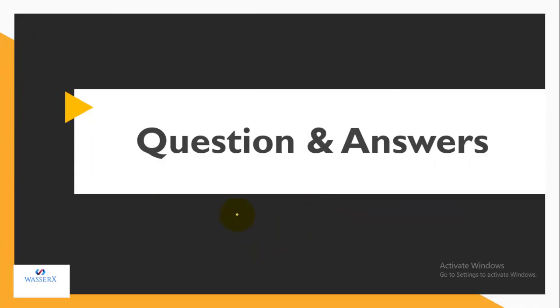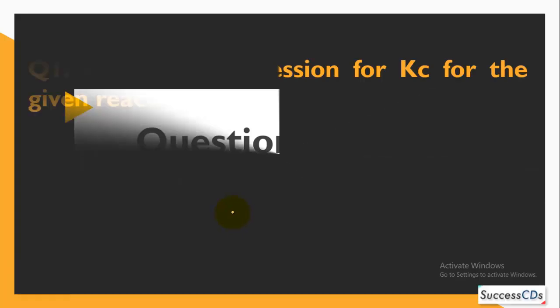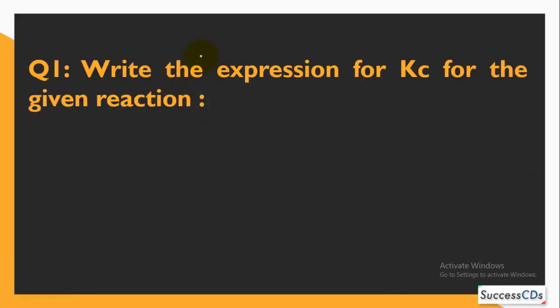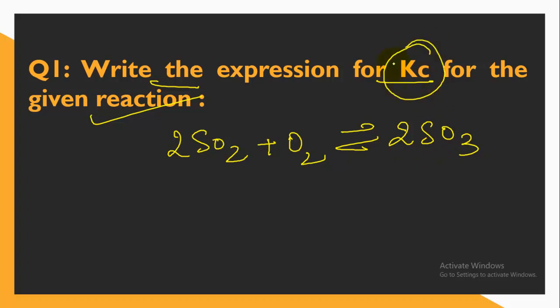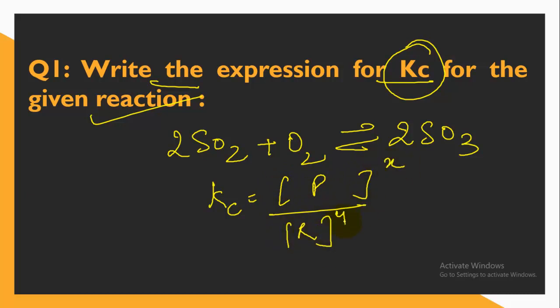Now let's do question and answers. First question is that we need to write the expression for Kc for the given reaction. Let's say we have a reaction 2SO2 plus O2, reversible reaction, and we get 2SO3. So if we have to write the expression for Kc, we know that Kc is equal to the concentration of products divided by the concentration of reactants raised to their respective moles.